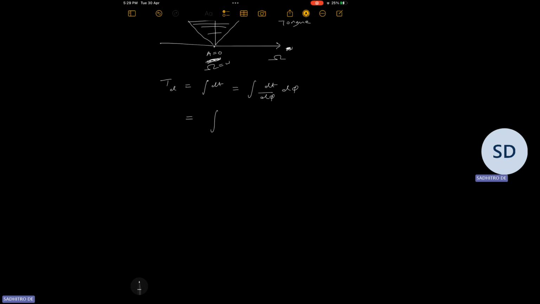This was the right hand side which we had earlier. So again, if you solve this equation, it turns out to be 2 pi by the square root of omega square minus A square.